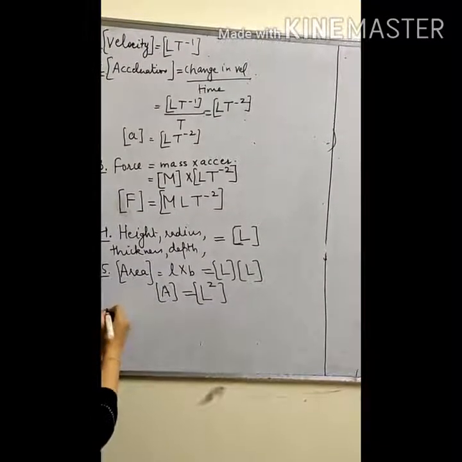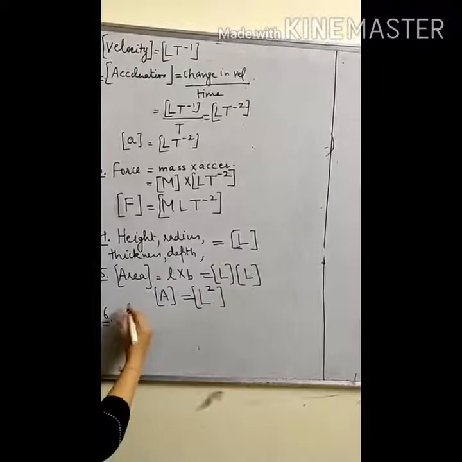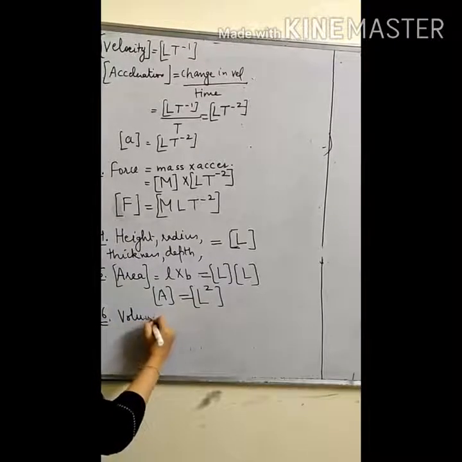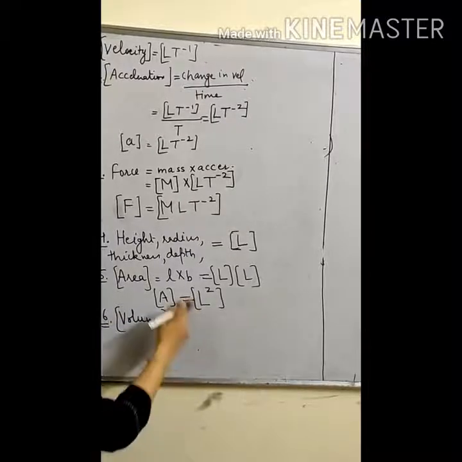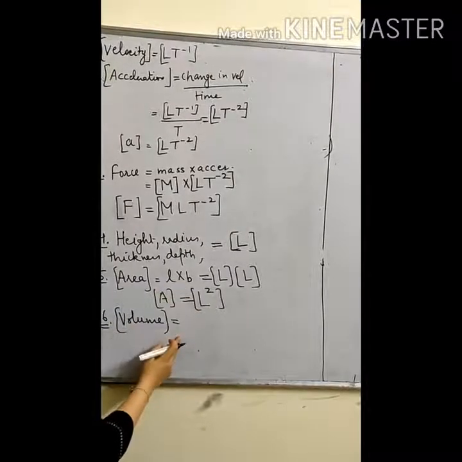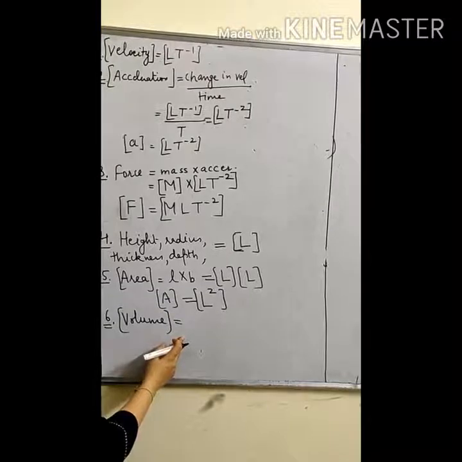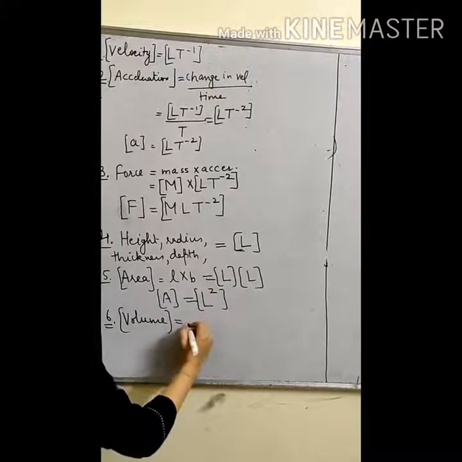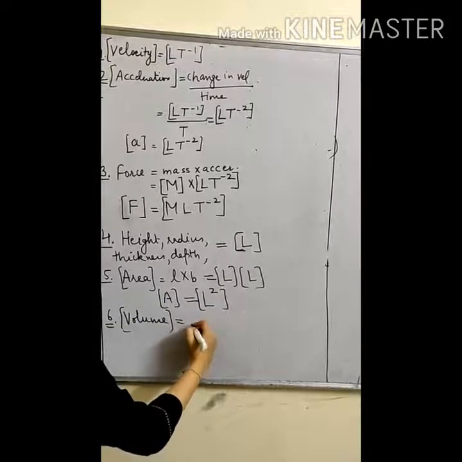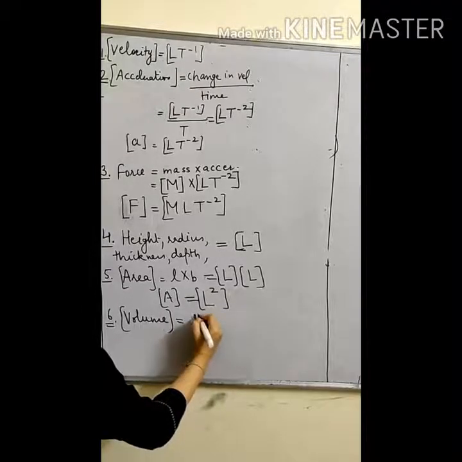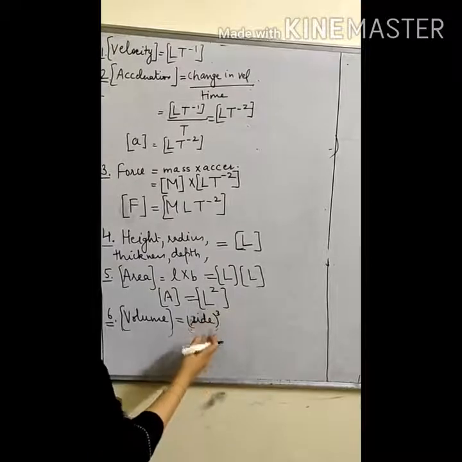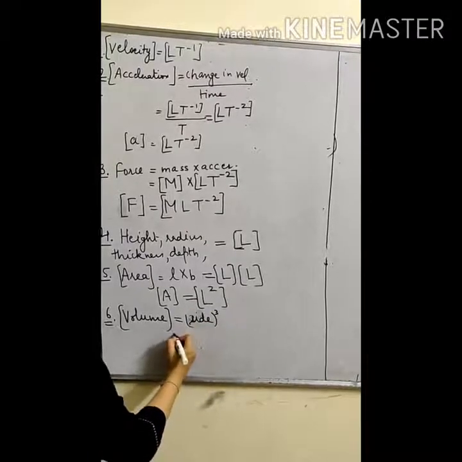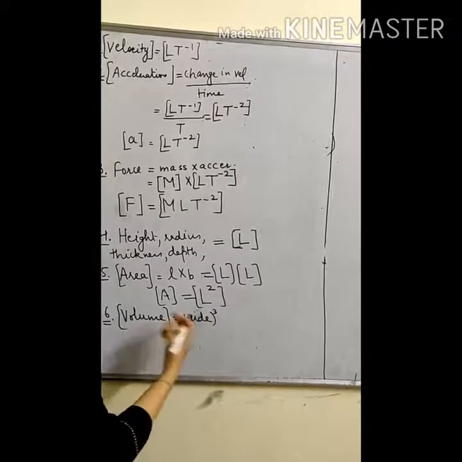Then coming to the next quantity, volume. Now any formula for volume. Here we discussed a rectangle. Now we can discuss, say, a cube. The volume of a cube, as we all know, is length cube or side cube. Or if you don't want to use this formula, you can use the volume of a sphere.